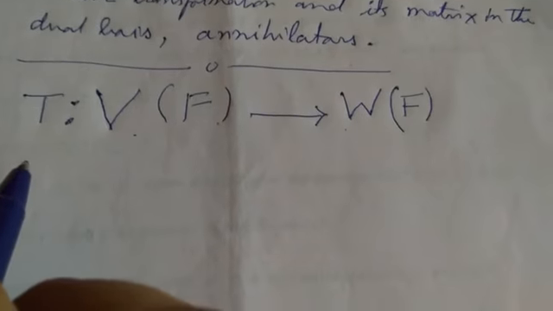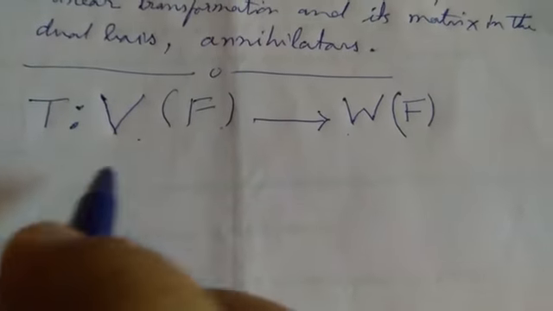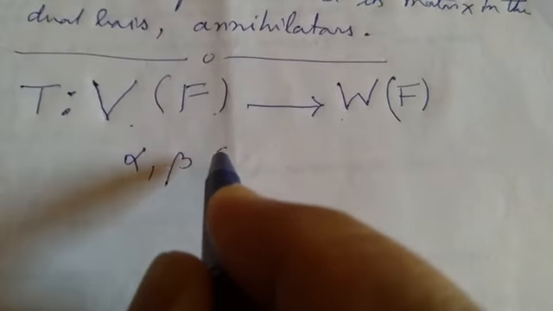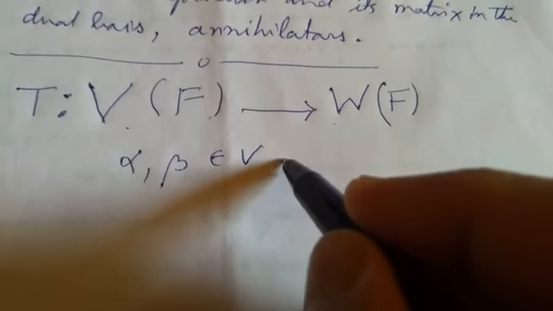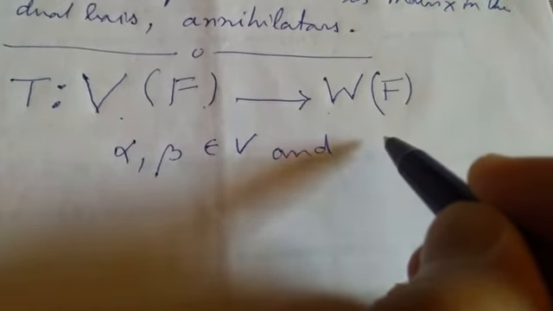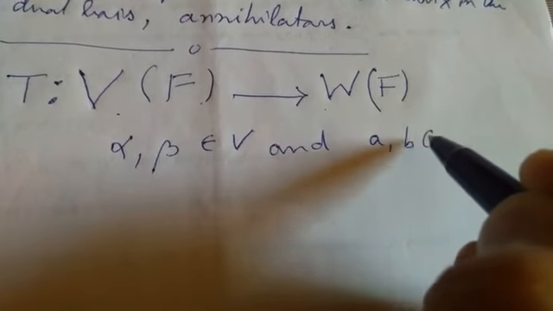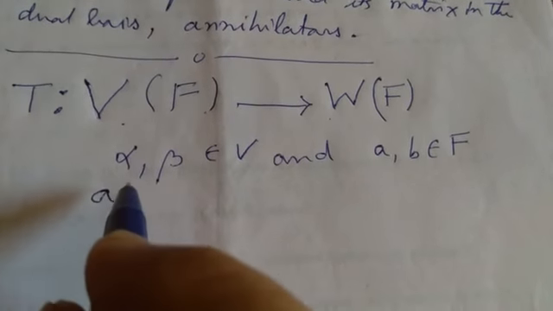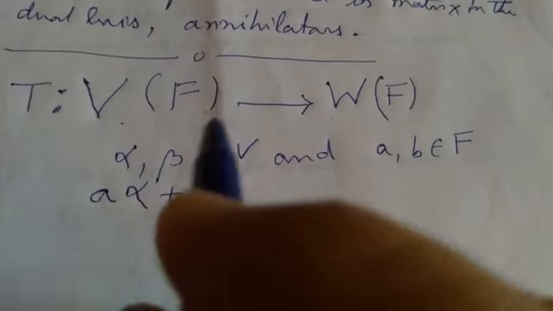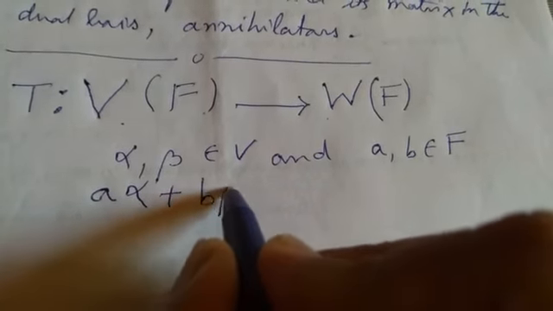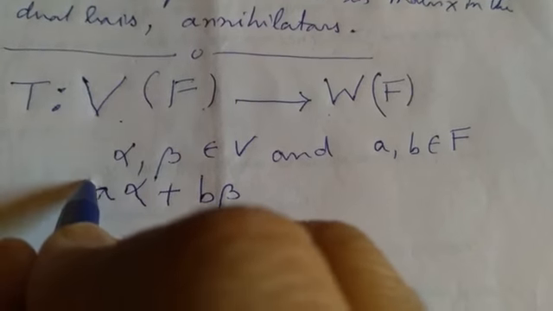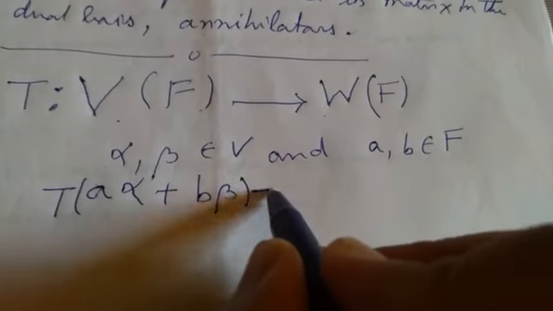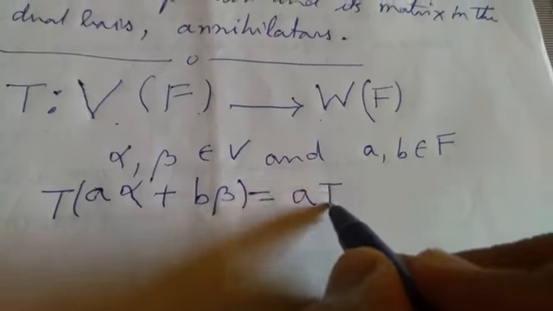is a mapping which preserves the linearity condition. That is, if I take two vectors alpha beta from V and take two scalars a, b from the field, then the image of this linear combination under T will be like this.